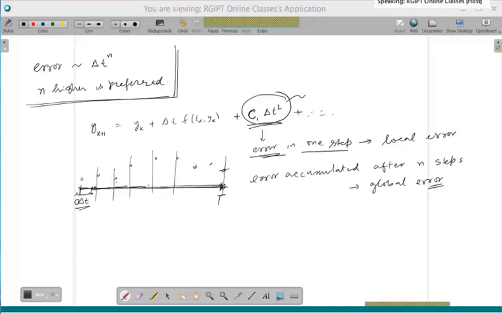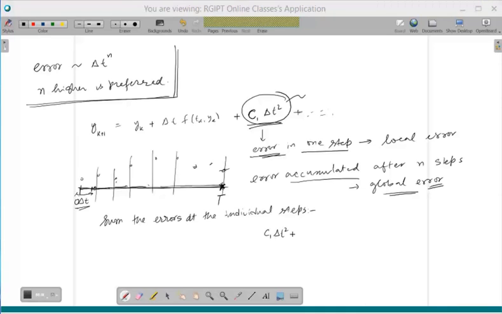We are actually interested in calculating the value at a certain time. So how does that error look? Errors accumulate, meaning you sum the errors at the individual steps. What I'm going to get is some c1 delta t square, and I will have n such terms in n steps.